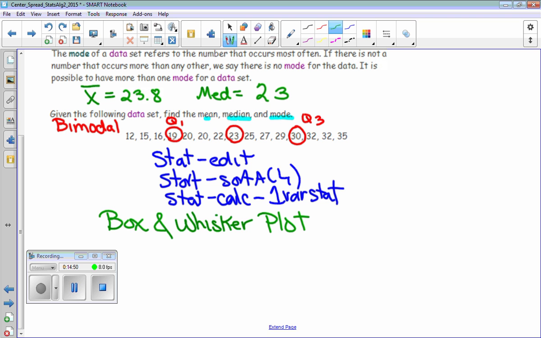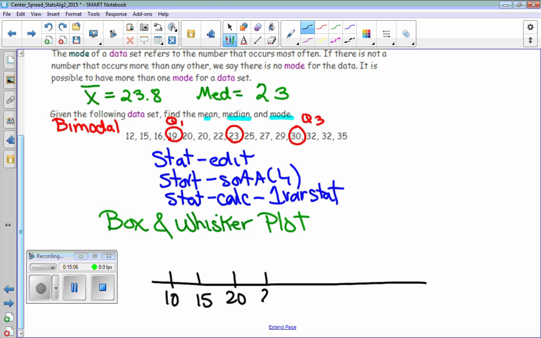And that would be the box. The box and whisker plot, we'll go ahead and just draw our scale. The smallest number is 12. So maybe if we started at 10, that would make sense. So if we said 10, we'll go up by 5s maybe. And how large do the numbers get? 35, okay? So I'm just creating a scale.